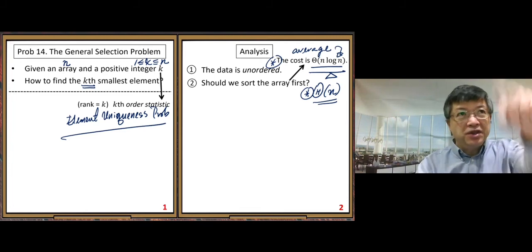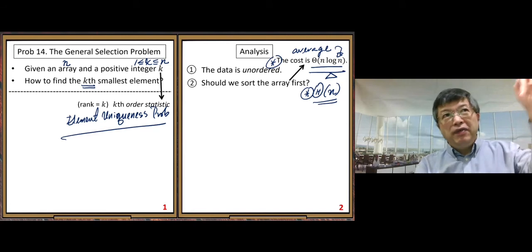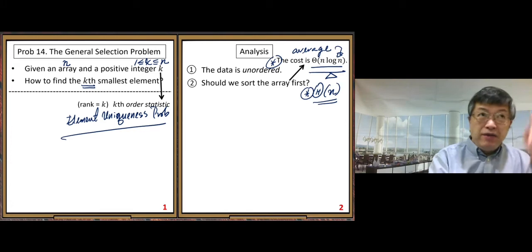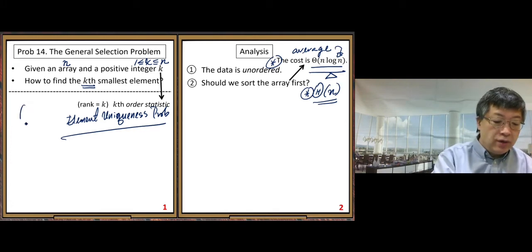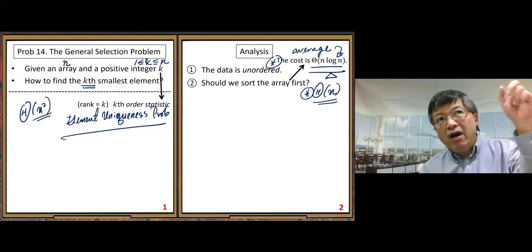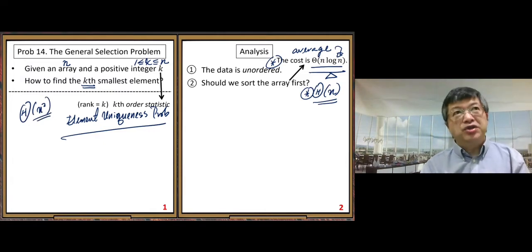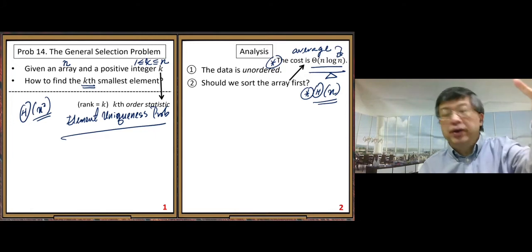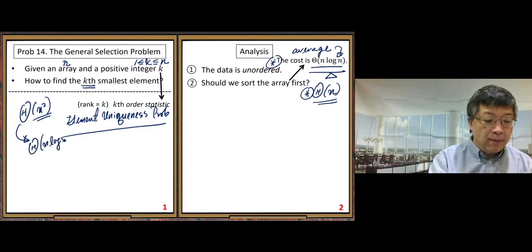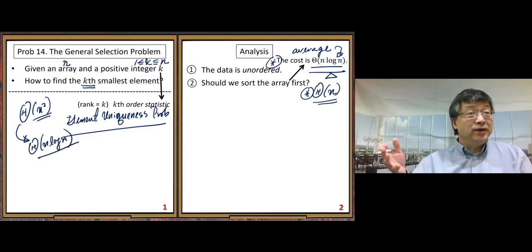But here the situation is different. In element uniqueness, if you do not sort the array, the best solution you can get is big theta of n squared. If you sort the array, you can improve it to big theta of n log n. So that's better, right?